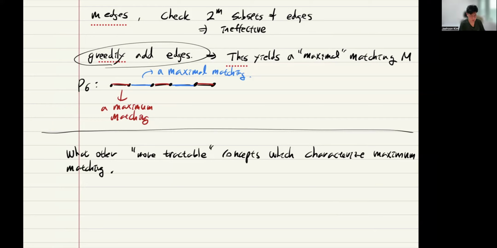If we have some characterization of maximum matching, then instead of checking whether a matching is maximum, we just check the alternative characterization. If that characterization happens to be more tractable, easier to deal with, or more concrete, then it might give us a better way to find the maximum matching.